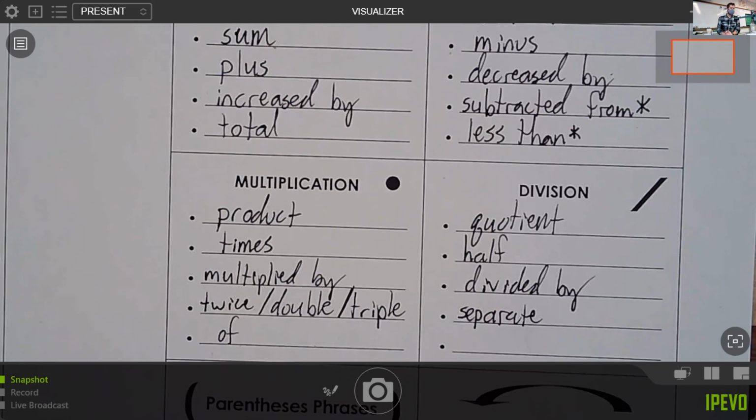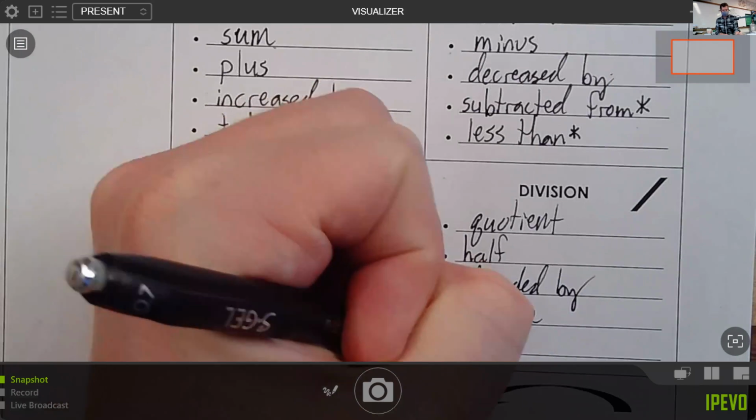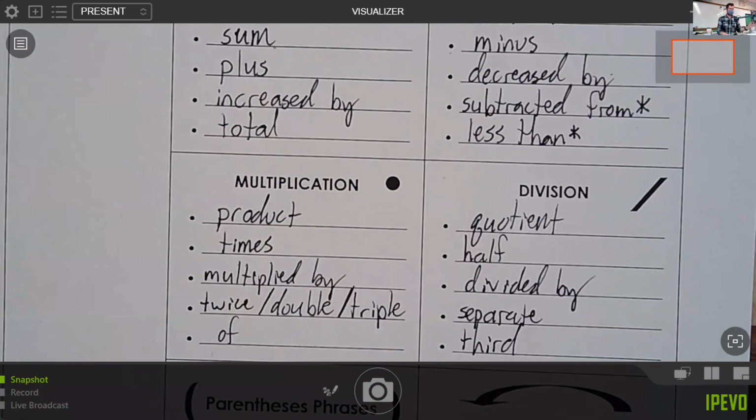I would say that remainder is related to division, but it's what happens after you divide something. I don't think we're going to be dealing with remainders today, but you're definitely right. Remainders are related to division. It's not necessarily a word that means division by itself, but it certainly is attached to that meaning. The other one I was thinking of would be third. Or 1/3, 1/2: 1/3 would be divided by 3, 1/2 would be divided by 2, 1/4, 1/5, any fraction where it's 1 and then 3rd, 4th, 10th, whatever you want to call it.